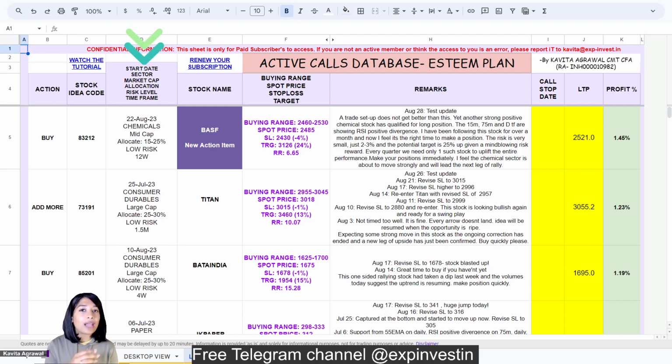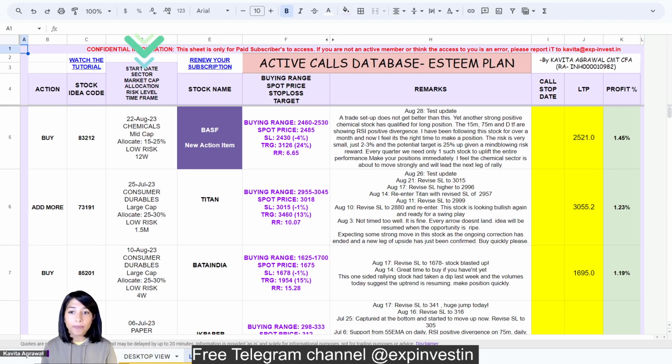So using the allocation percentage same as exclusive members was leaving a lot of capital uninvested for the esteemed plan members. In this version, I have done away with that problem, and now you will get a stock allocation with respect to whatever capital you're holding and however many positions you are supposed to maintain at any point of time.